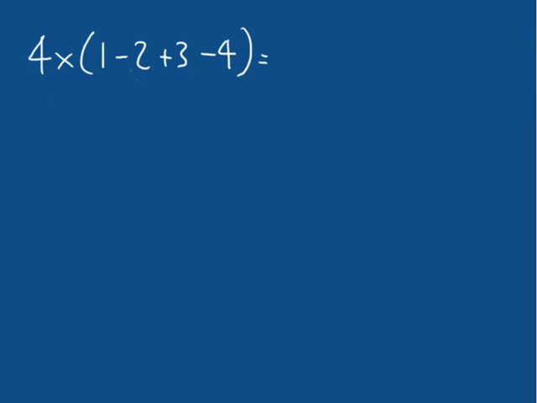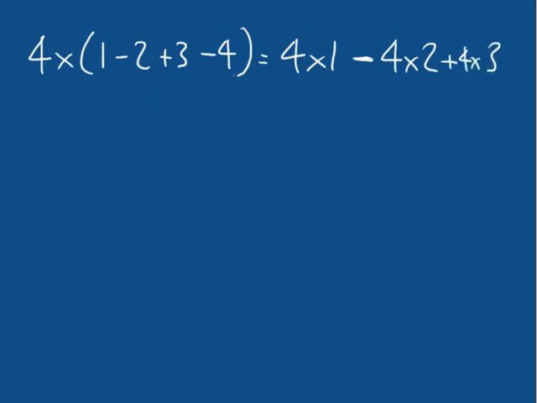So again, the operator that comes to the left of any number. So starting out, we've got 4 times 1. And because we're subtracting 2, the operator to the left of 2 is a negative, a subtraction, we're going to subtract 4 times 2. Then because we're adding 3, we're going to add 4 times 3.